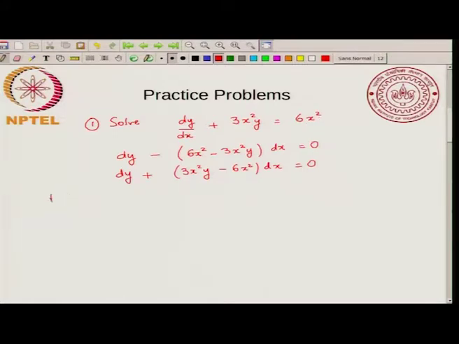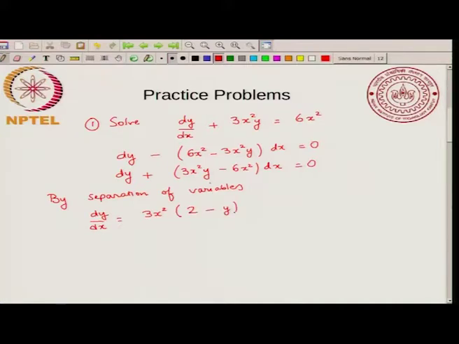So, by separation of variables. What do I mean by separation of variables? You would write dy by dx is equal to 3 x square times 2 minus y.